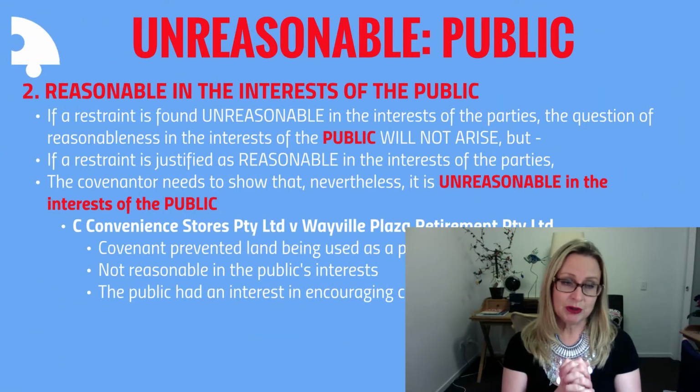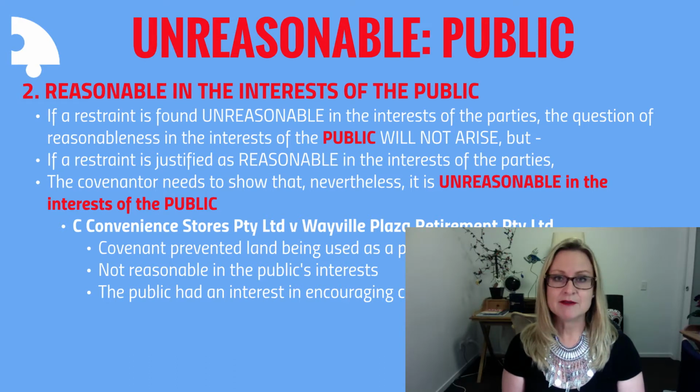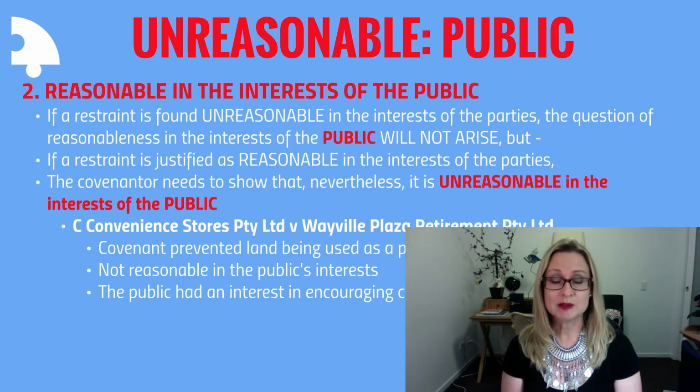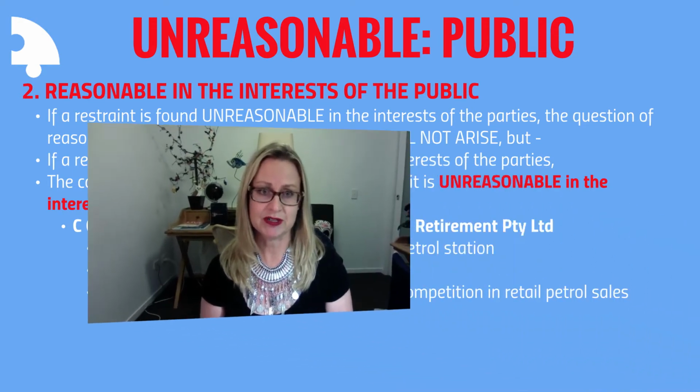So assuming that you have been able to show that the restraint is reasonable in the interests of the parties, then the onus shifts to prove that even though it might be reasonable as between the parties, nevertheless it's injurious to the public, and therefore that party should be released from the restraint.